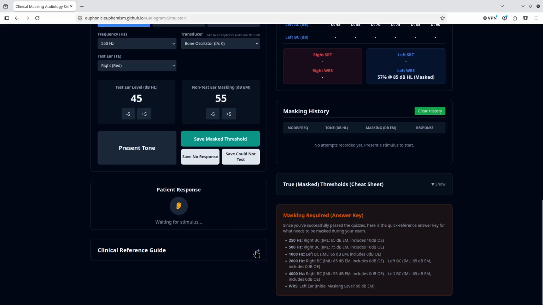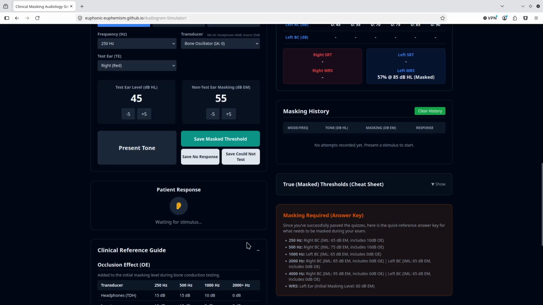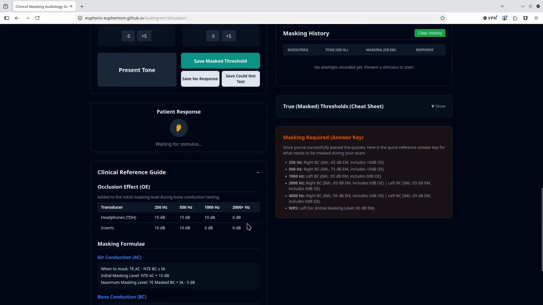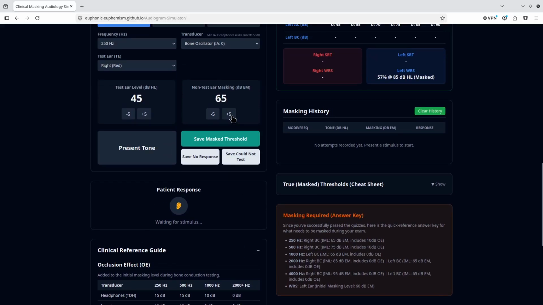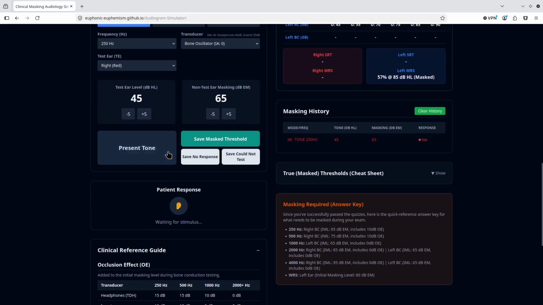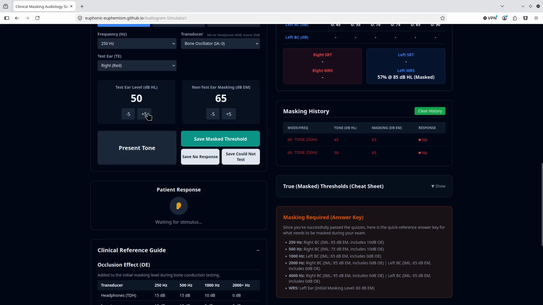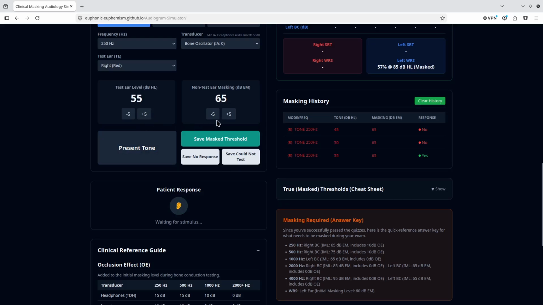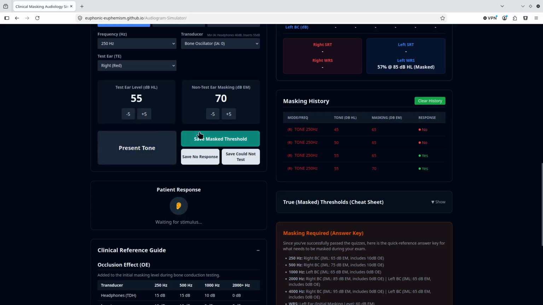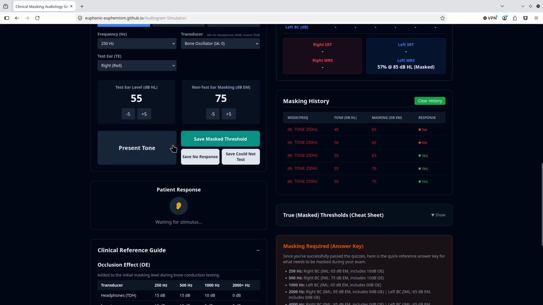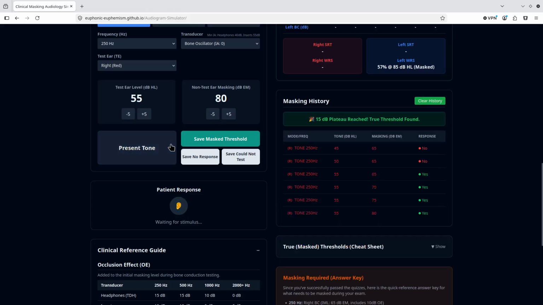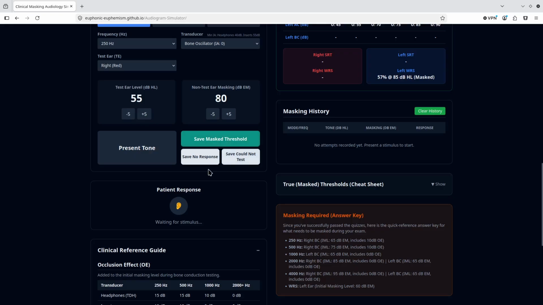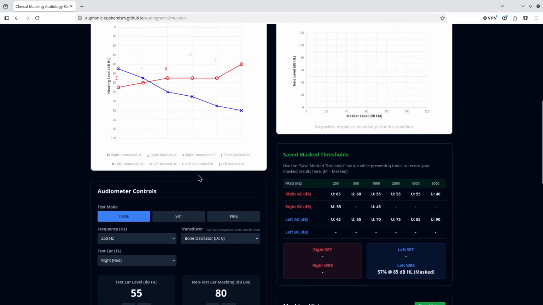If we do add the occlusion effect, that's going to be 10 dB for inserts. So we'll add 10 dB on there, and we'll present a tone. No response. Let's bring the tone up higher. No response. Yes, we got a response. We'll bring the masker up. Yes. Masker up. Yes. Masker up. Plateaued. Safe mask threshold. Boom, we're off to the races.